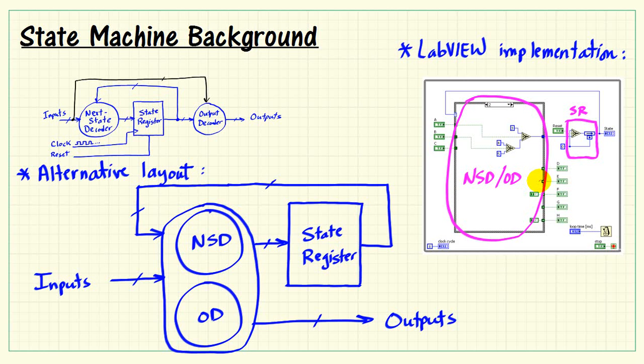Again, that combines the next state and output decoders. Here we see our primary inputs, and for this example I'm just calling them A, B, and C. And the outputs of the machine would be the indicators called D through H. Here we see the feedback path.